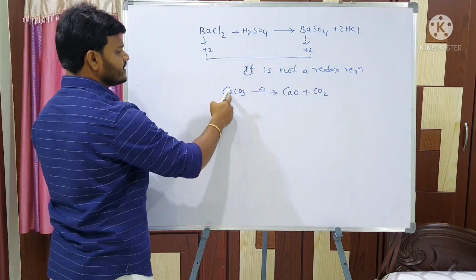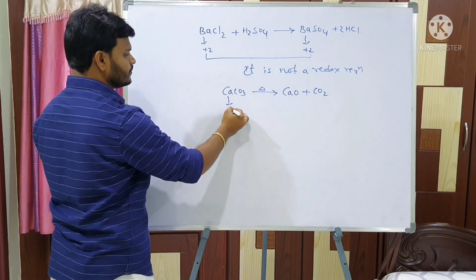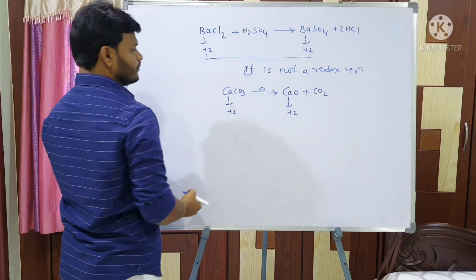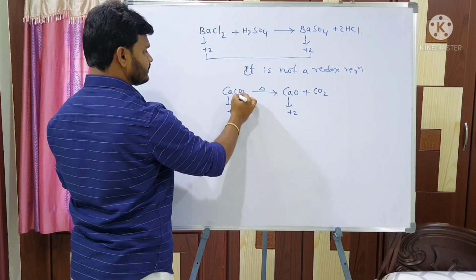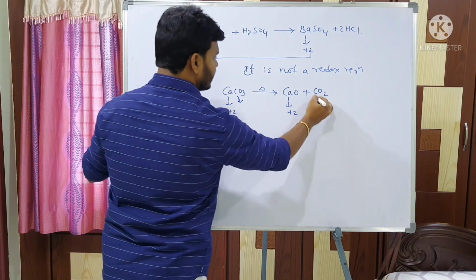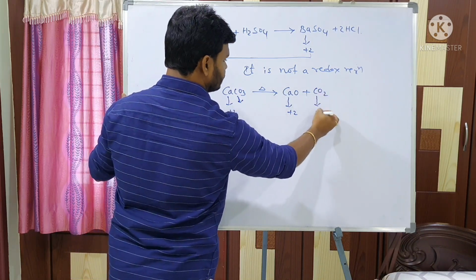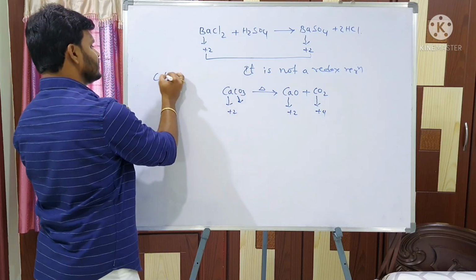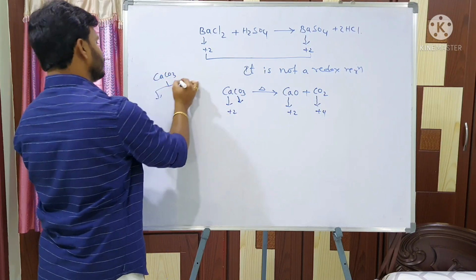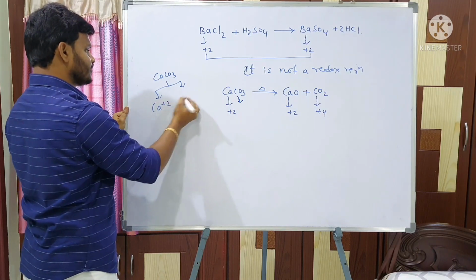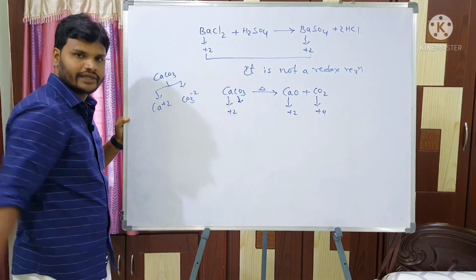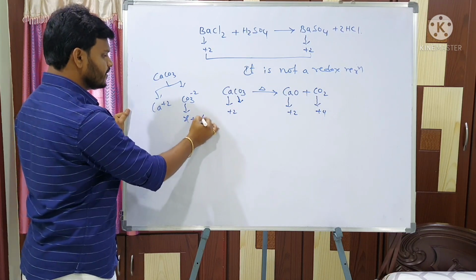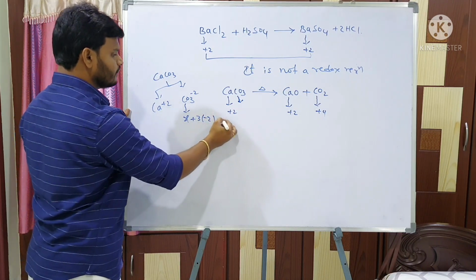Here, students, in CaCO3, Ca gets +2 and here also Ca gets +2. What about carbon? Generally CaCO3 is considered as Ca +2, CO3 -2. Clear? So for carbon you take X plus 3 times the oxygen value -2, that equals -2.